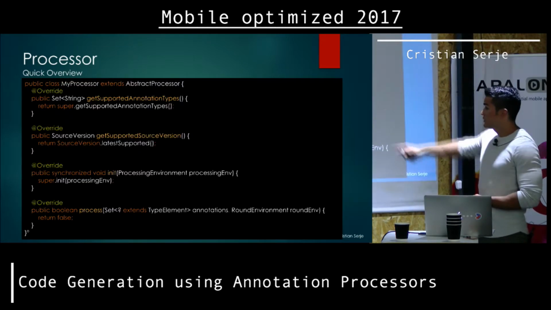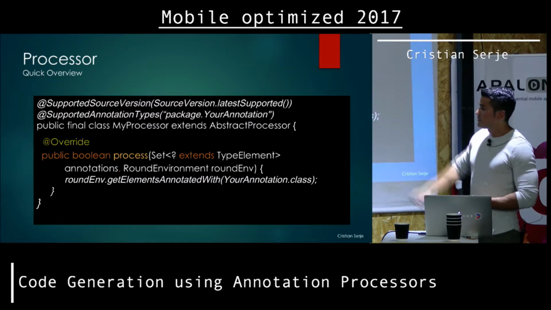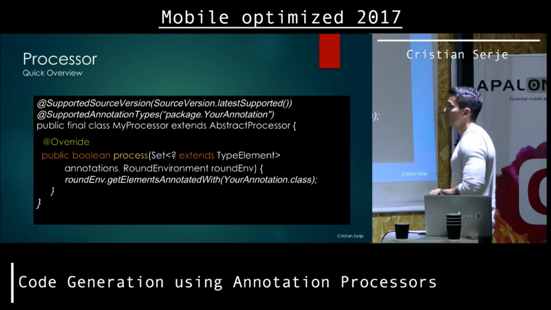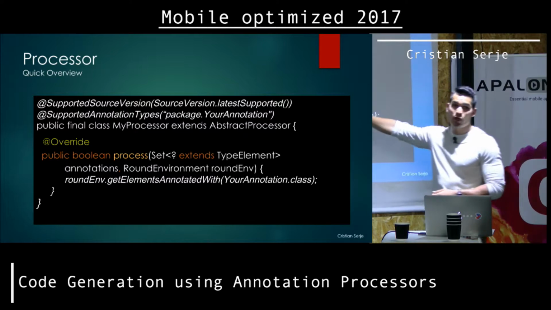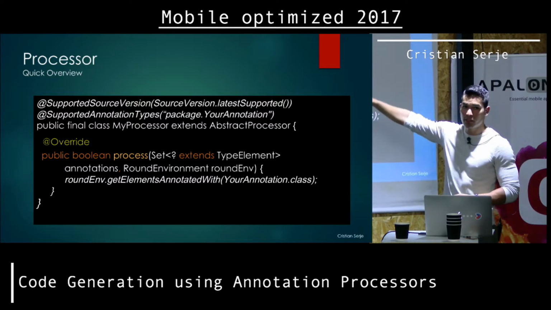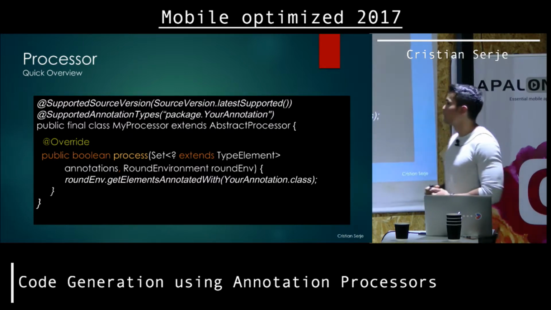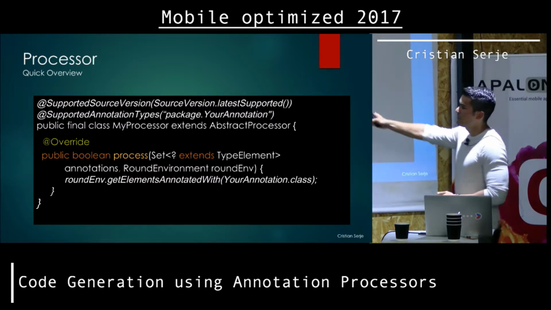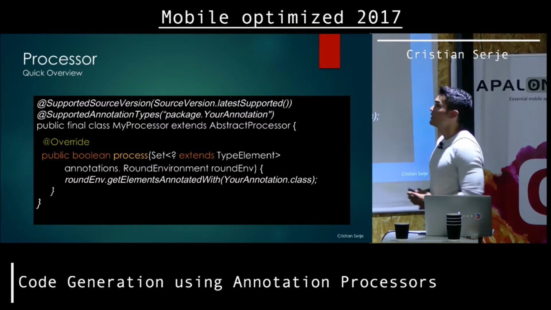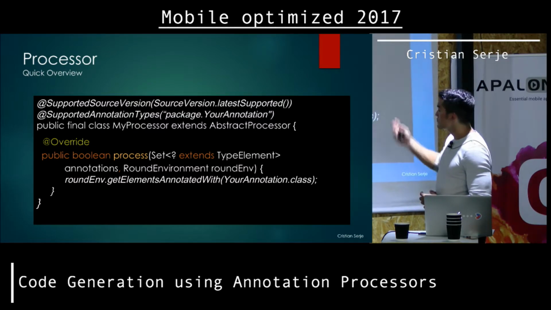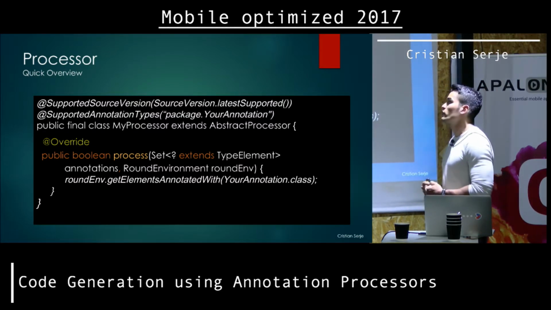I will summarize all of this stuff, because since Java 7, instead of overriding those methods, you can also annotate them. And since we are talking about annotations, just to make it nicer, I summarized it in this. So you have over there the supported source version, latest supported, as I said, and the supported annotation types.